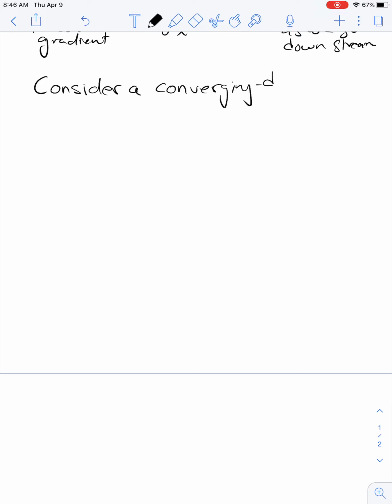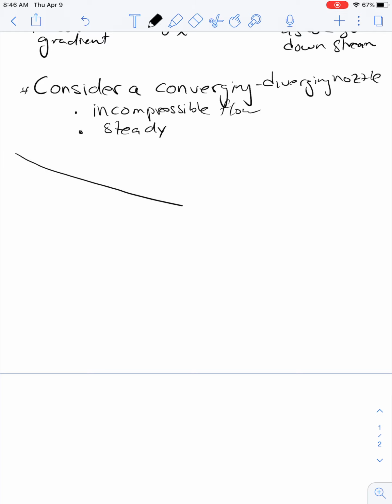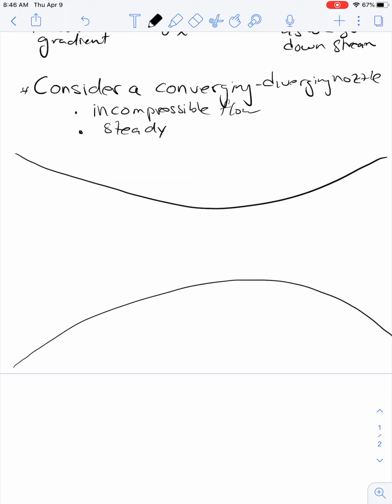We will be considering incompressible flow, and we'll also be assuming that the flow is steady, okay? So with this, if we have a converging diverging nozzle, it comes in, converges, and then diverges.